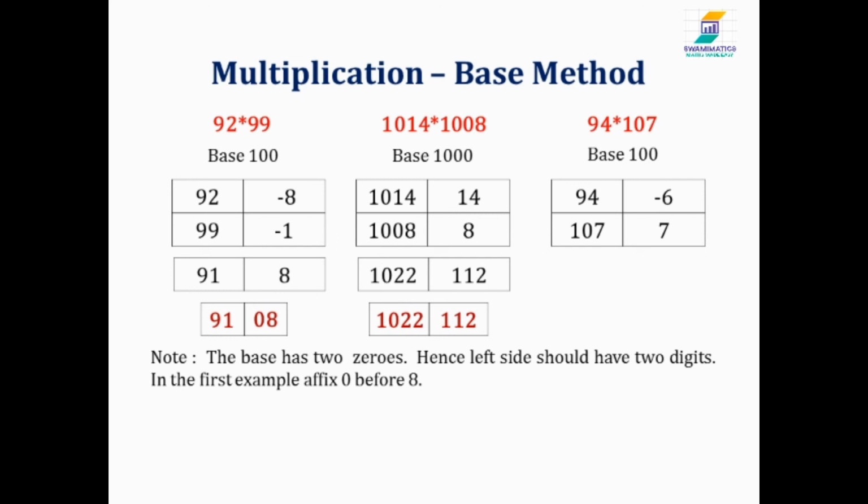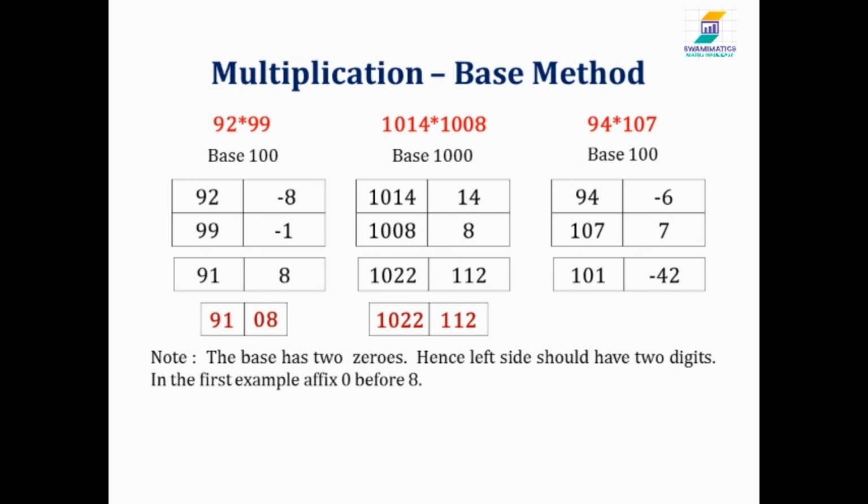The next operation is the cross operation of the numbers on the diagonal. 94 plus 7 is 101 and 107 minus 6 is also 101. Minus 6 into minus 7 gives me plus 42.